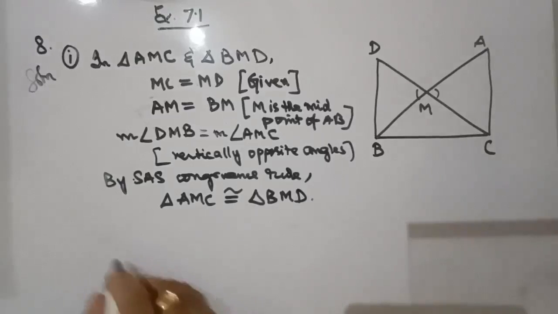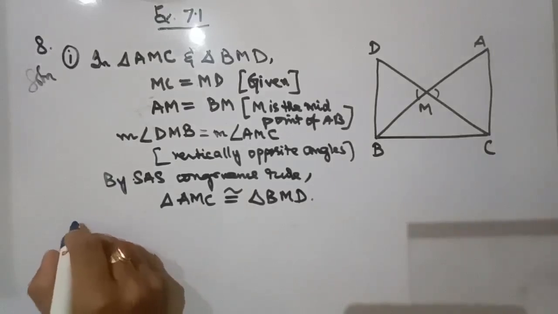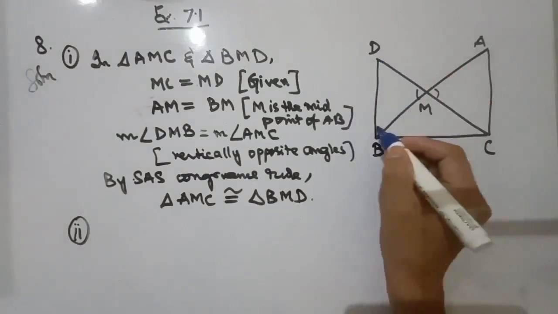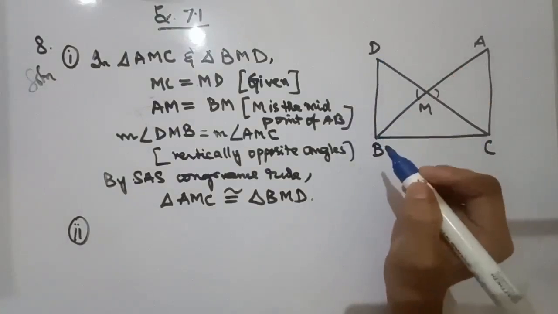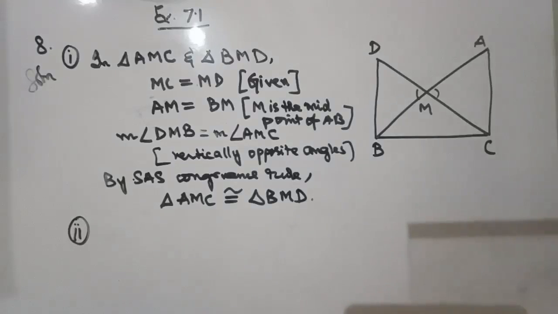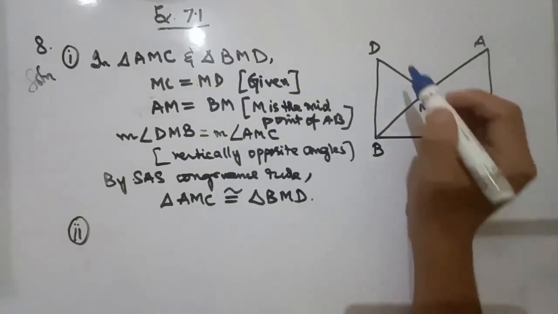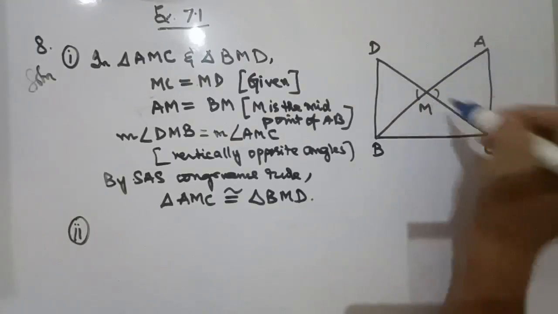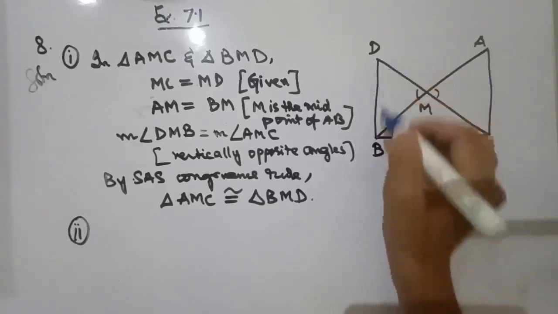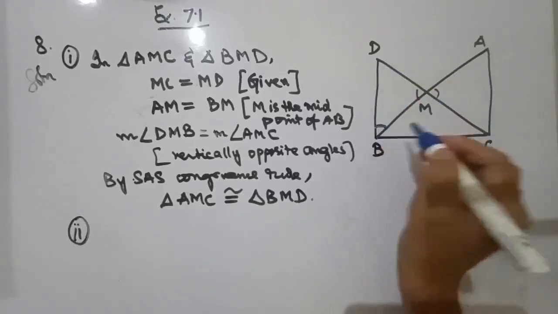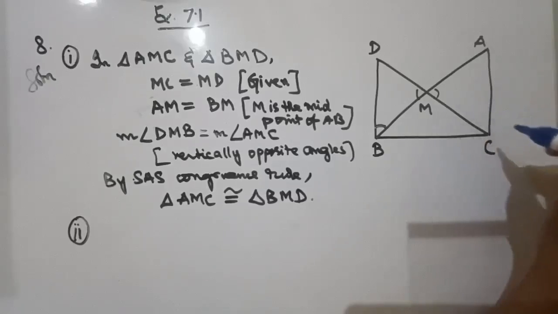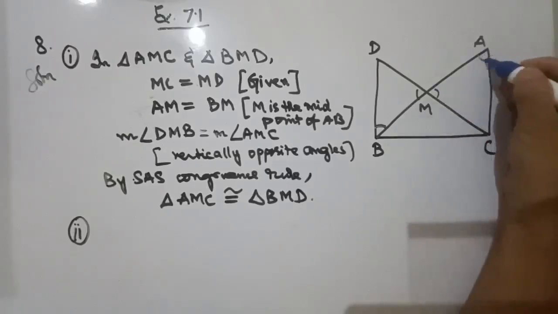Now next, Roman number 2. In Roman number 2, we are to prove that angle DBC is a right angle. So looking at these two triangles again, triangle AMC and BMD, measurement angle DBM, this one, and the measurement angle CAM are equal.